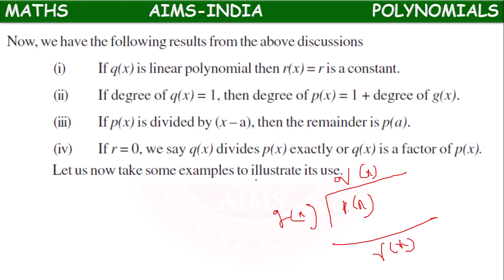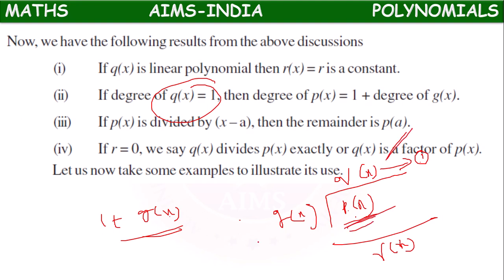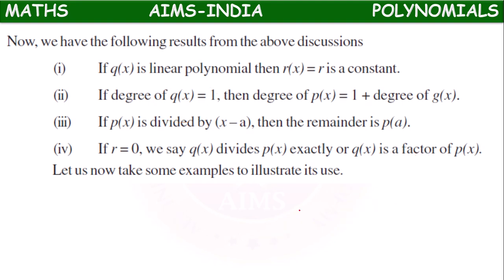Now what is the condition here? If the degree of q of x is equal to 1, then the degree of p of x equals 1 plus the degree of g of x. That means if the quotient is a linear polynomial, the degree of the dividend is 1 greater than the degree of the divisor.